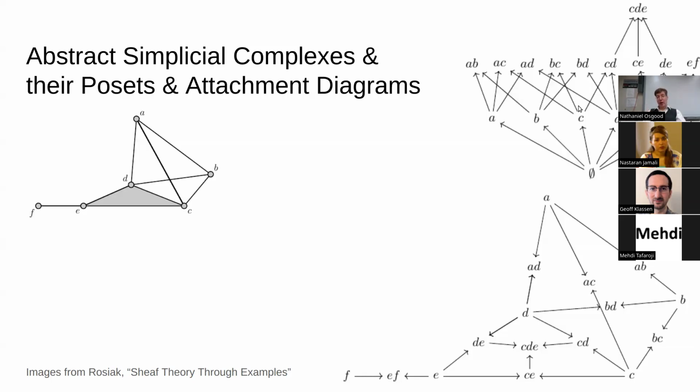Okay, so this is a pre-order. It's also a poset, but you see it's an order relation, right? This is further up than this. Do you see that? Now, as Daniel Rosiak says, this is more nicely shown, and he shows this beautifully, as this attachment diagram.